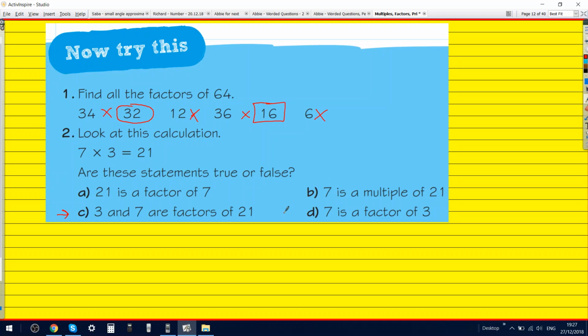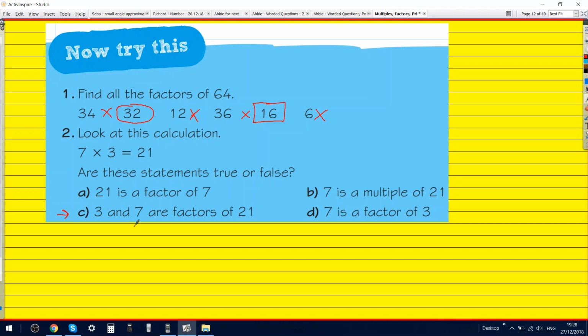So are these statements truthful? C says 3 and 7 are factors of 21. Well, 3 times 7 is 21.